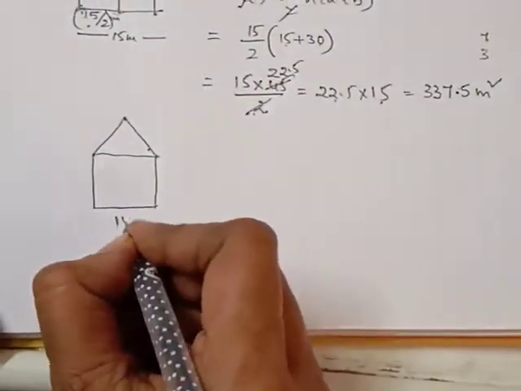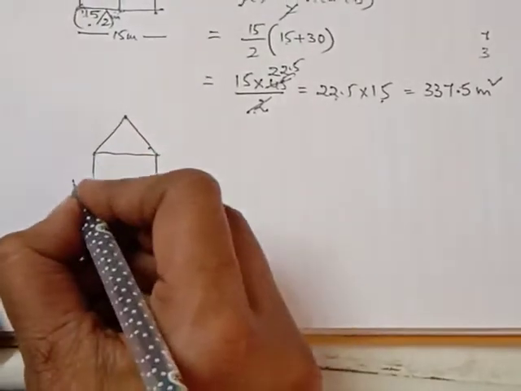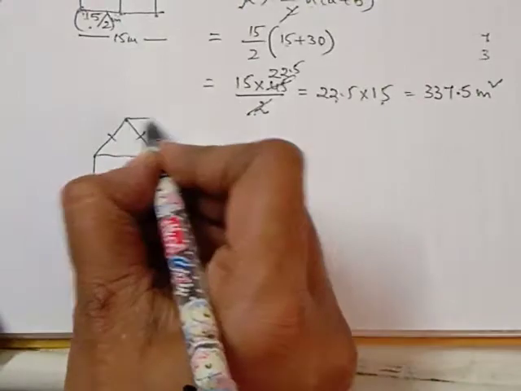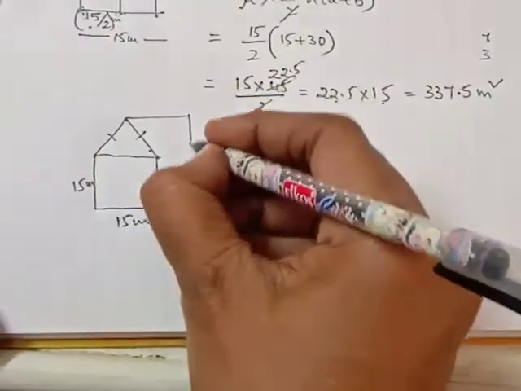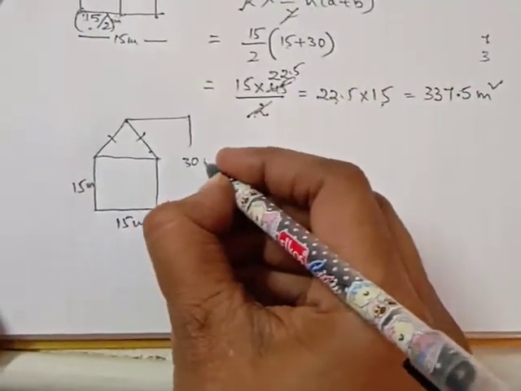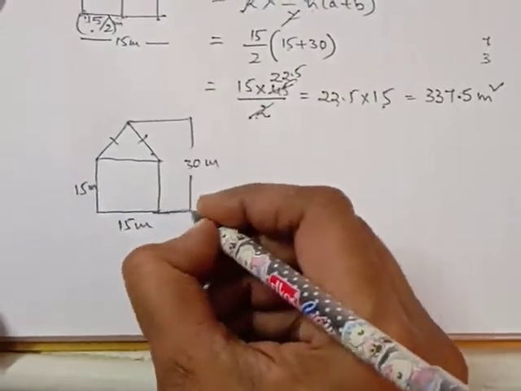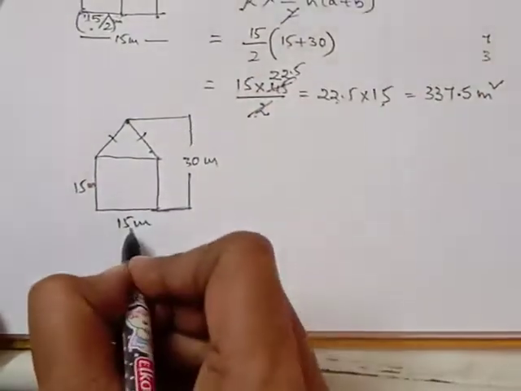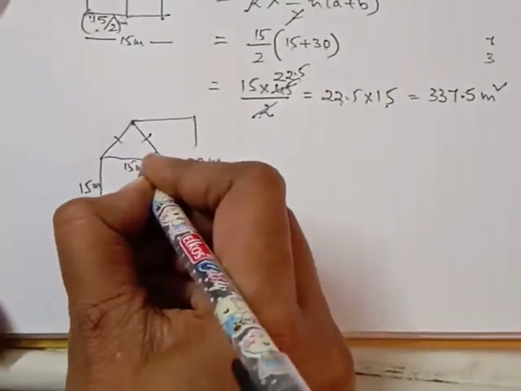So here this is 15 meters, this is 15 meters, and these two are equal, right? Now this total length is 30 meters. If this total length is 30 meters and this part is 15, then this becomes 15 meters.